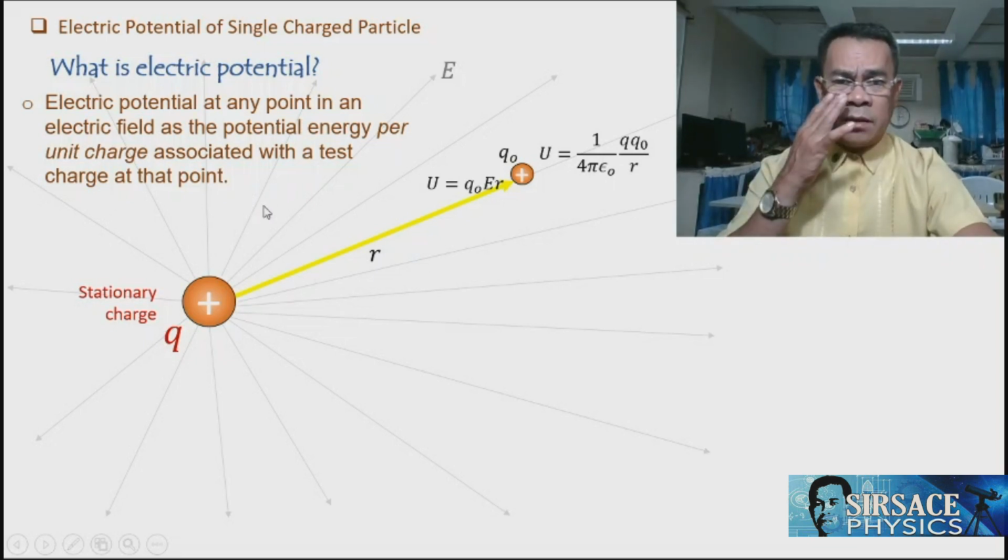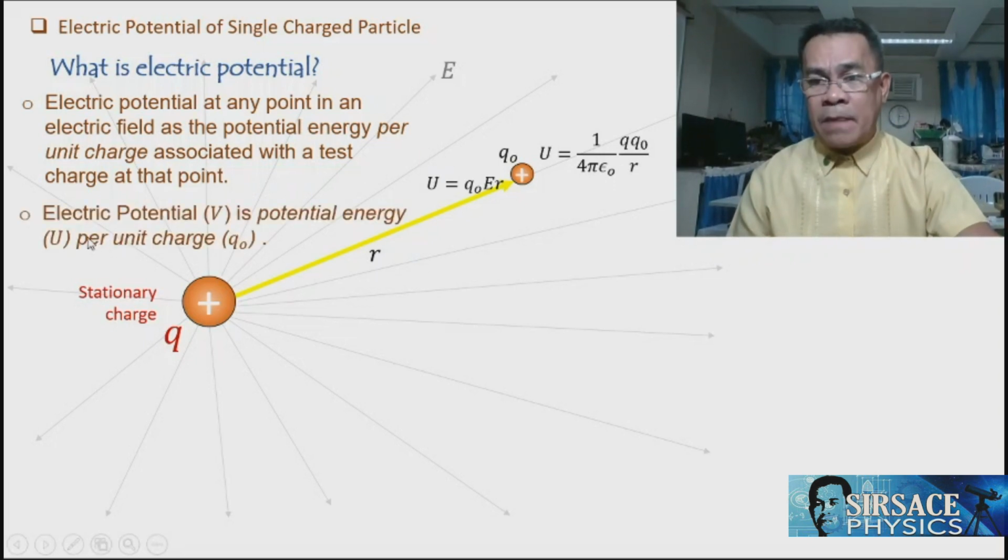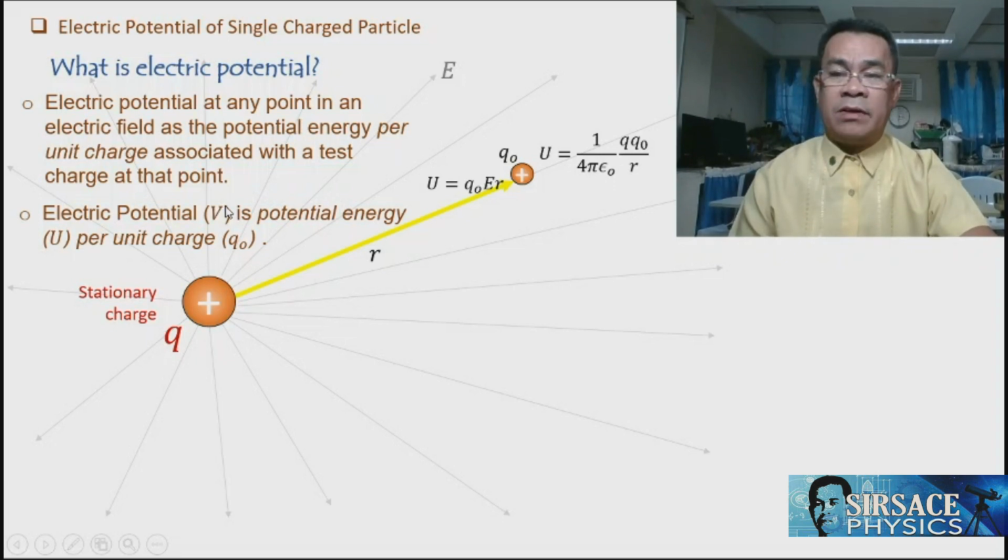So what does it mean? It means that the energy at that point divided by the unit charge gives the electric potential. By definition, the electric potential, in symbol V, because U is energy and big letter V in electricity means the electric potential, is equivalent to the potential energy U divided by this charge.